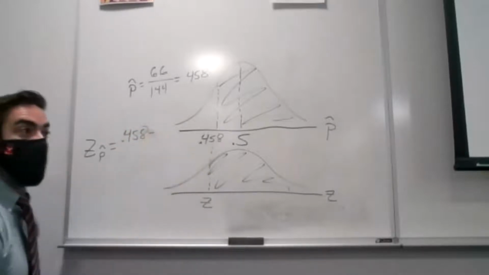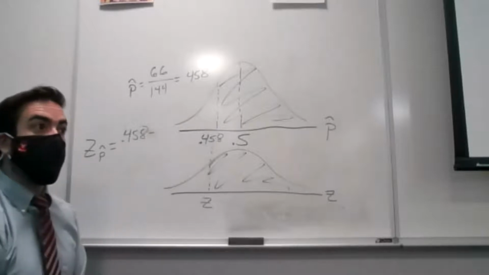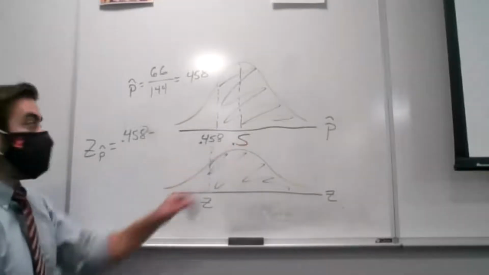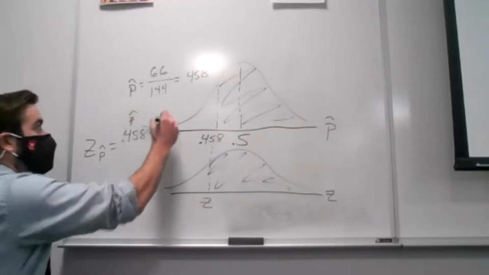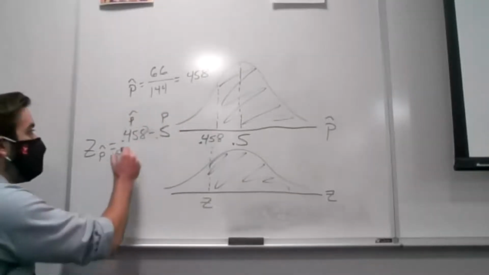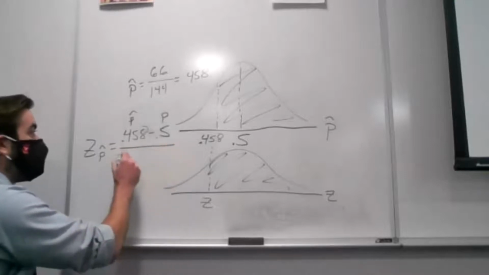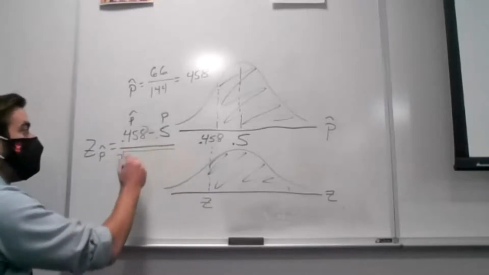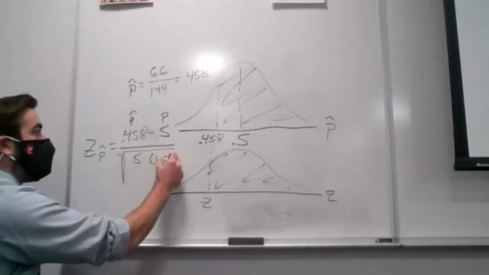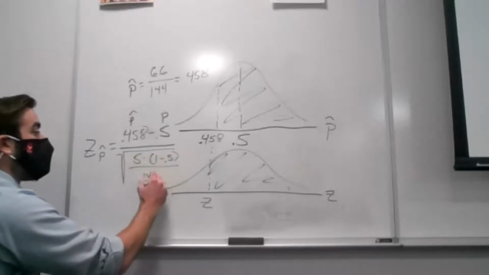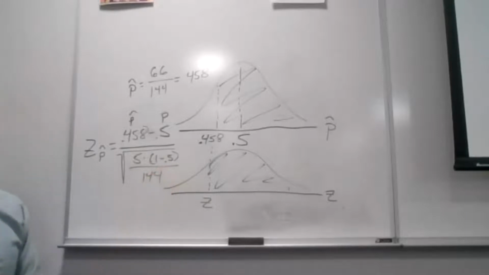Subtract whatever the mean of the statistic you're looking at is. Well, our mean, or our population proportion, is 0.5. Then we divide by the square root of that population proportion times 1 minus that population proportion, over our sample size, which is now 144.